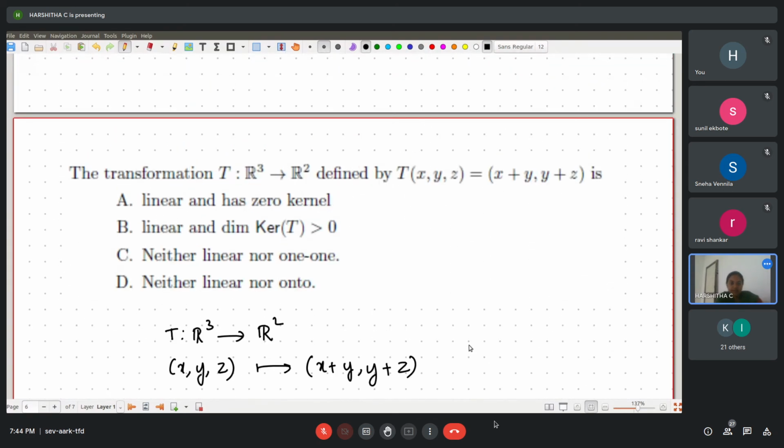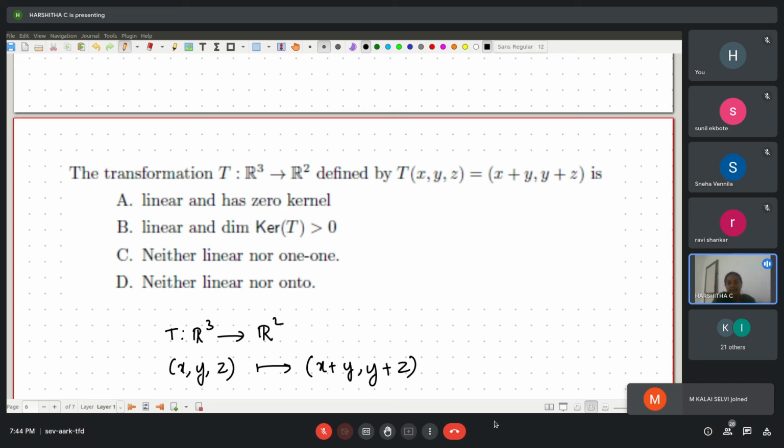Okay. The next part is, what about its kernel? Will it be 0 or will it contain a non-zero vector? We will do the computation, but can you answer it just by looking at it or using something that you have learned in the class? Okay, I'll give you a hint.